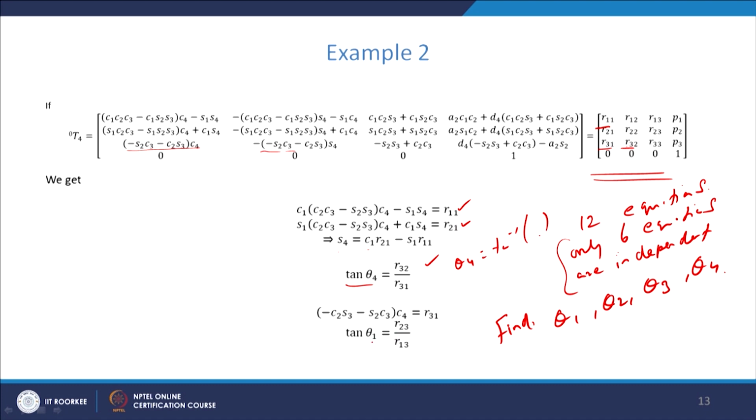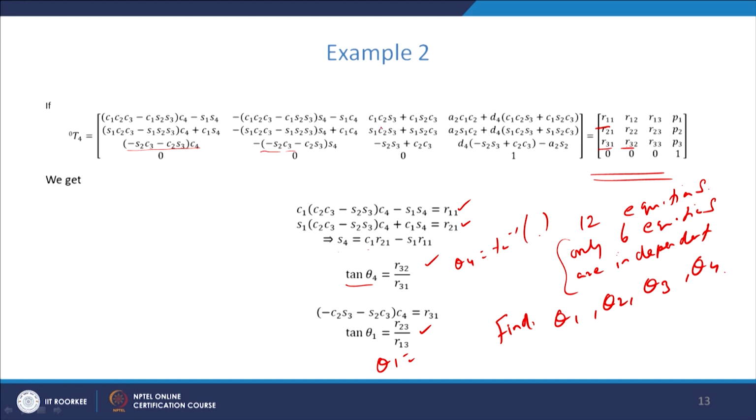Similarly, we can get the theta 1 value from these two expressions: R23 is this expression, divided by R13, which is this one. If you divide these two, we get the tan theta 1 expression. From here theta 1 is tan inverse, etc.